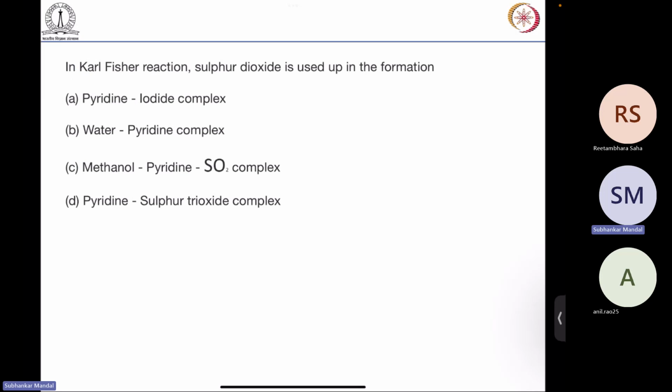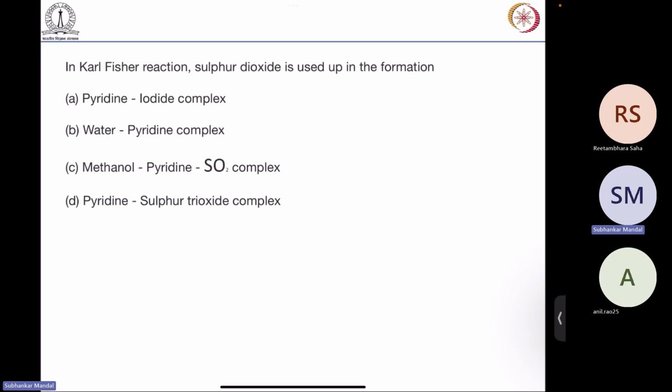The next question is related to Karl Fisher only. In the Karl Fisher reaction, sulfur dioxide is used up in the formation of: pyridine iodide complex, water pyridine complex, methanol pyridine sulfur dioxide complex, or pyridine sulfur trioxide complex. Which one will it be?